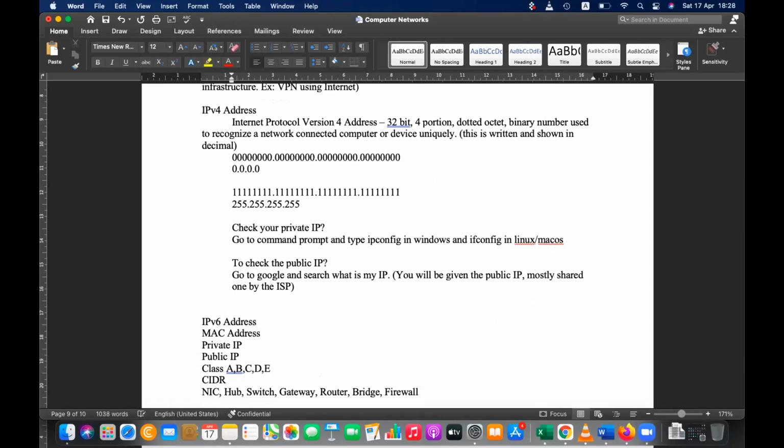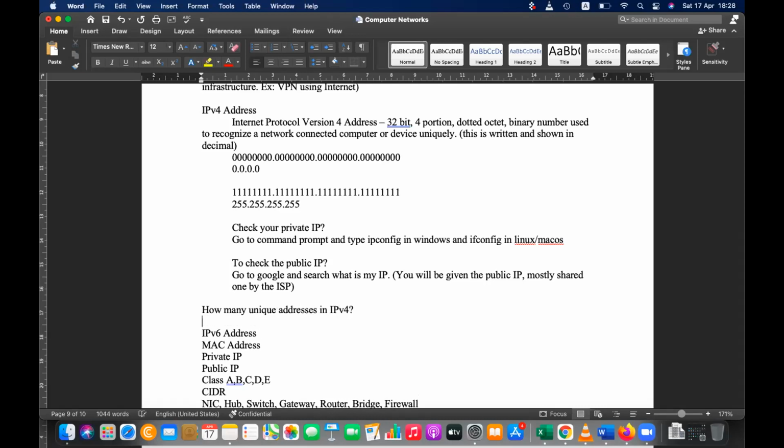Okay, can you tell me how many unique addresses in IP version 4? If there is 1 bit, how many addresses? You know, 1 bit, then 1 is one address, 0 is another address.